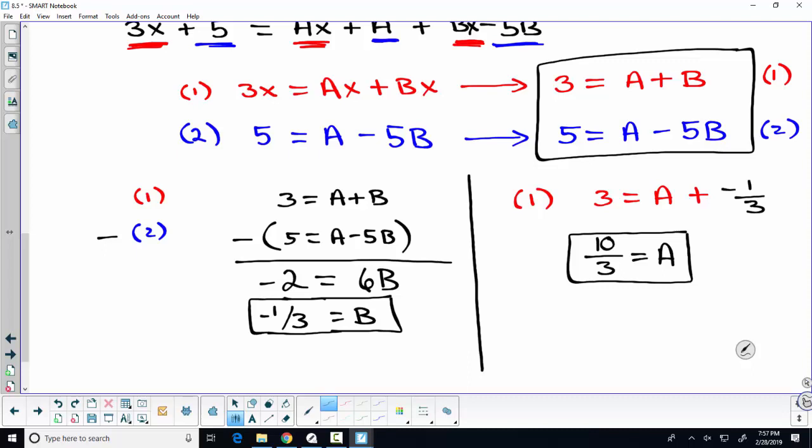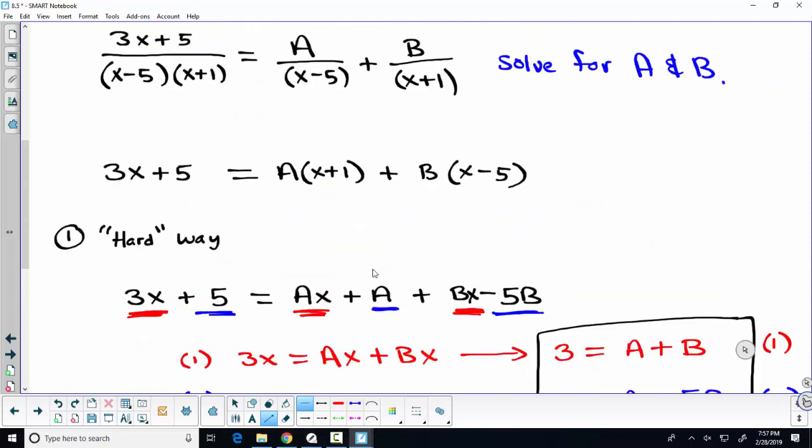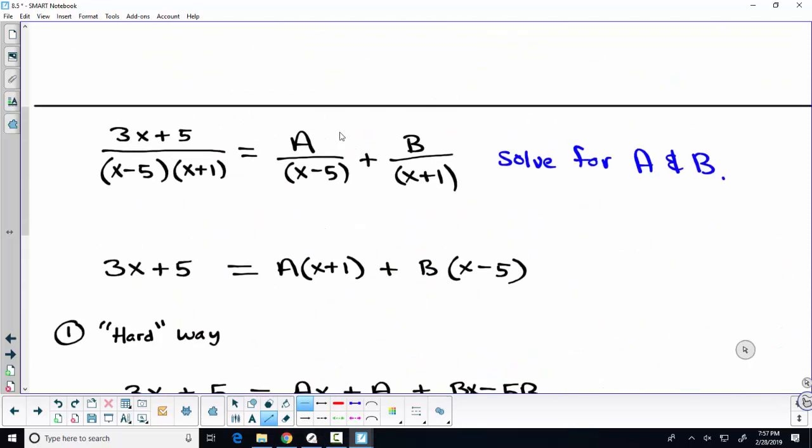That's the hard way applying to any one of these partial fraction decompositions. That's the answer. Well, so we've got to go back up to this thing right here and put in our 10/3 and our minus 1/3 there, because that's what our original function is equal to.